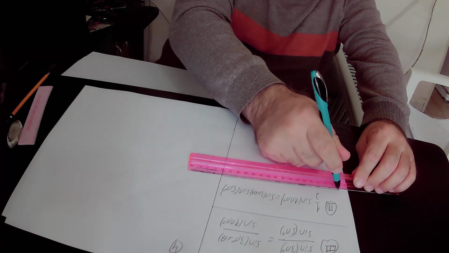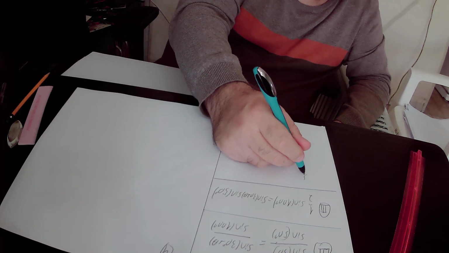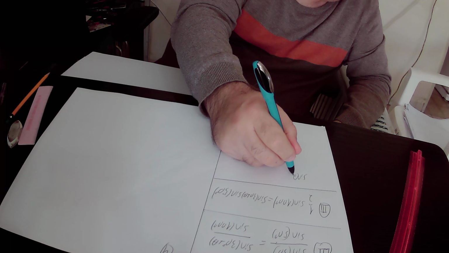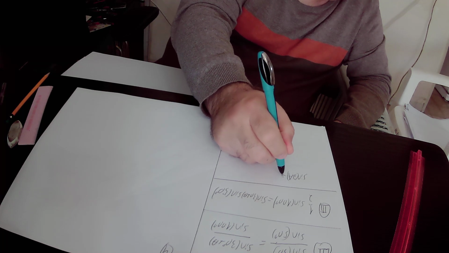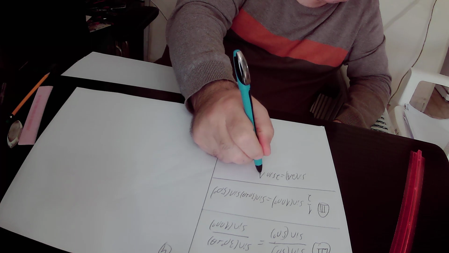We will use the trigonometric identity that sine 2a equals 2 sine a cosine a.